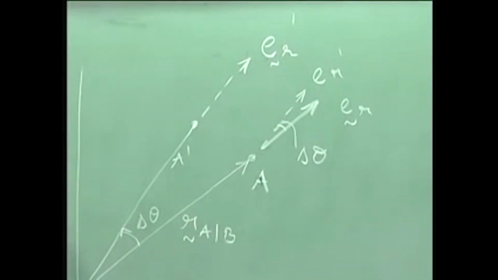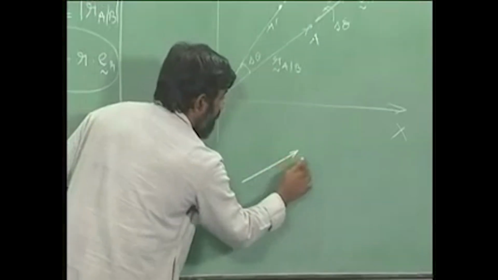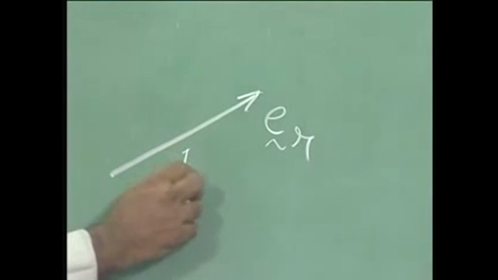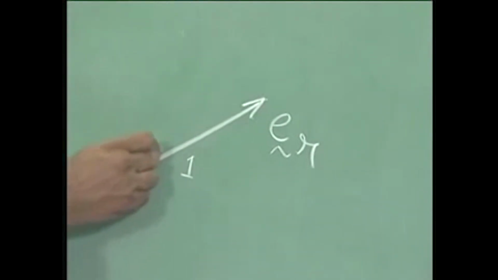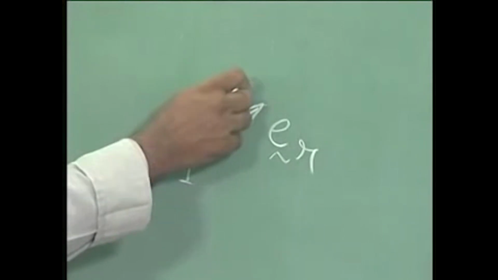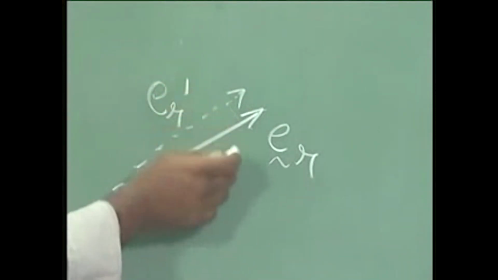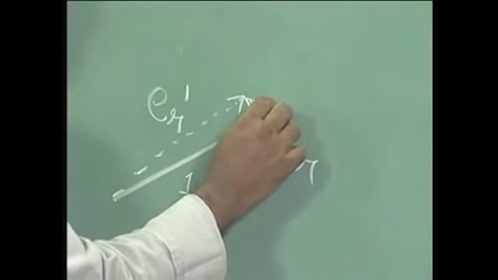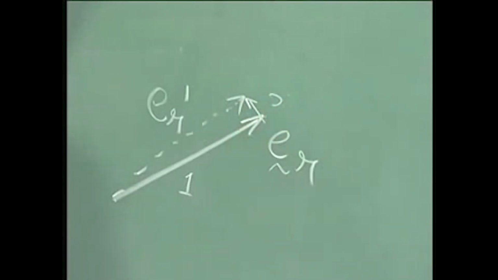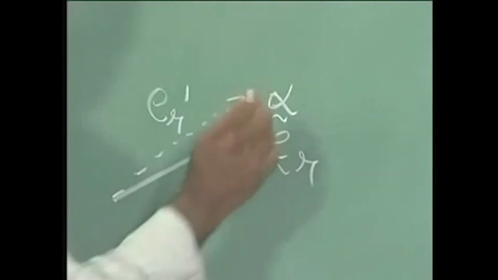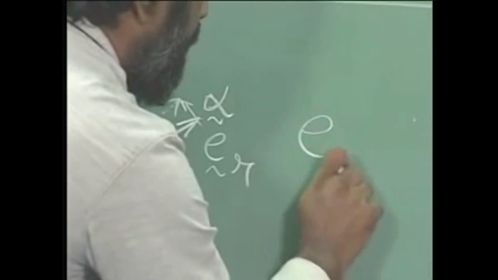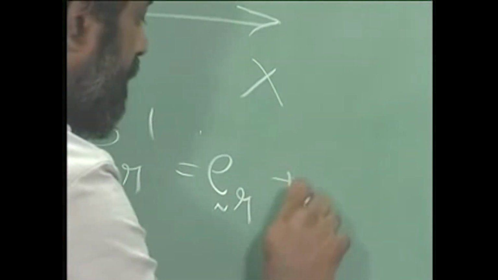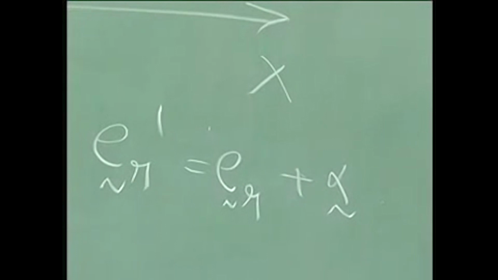So, if I zoom in, I have this as ER. What is the length of this particular vector? It is equal to 1, right. It has now changed its direction to something like this. Let me call this ER prime. If I take this as, let us say, alpha vector, then I can write ER prime vector is equal to ER vector plus alpha vector, right.